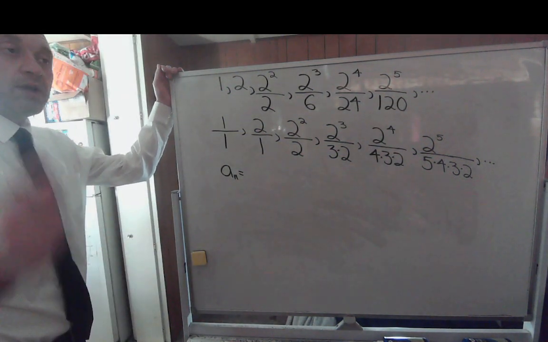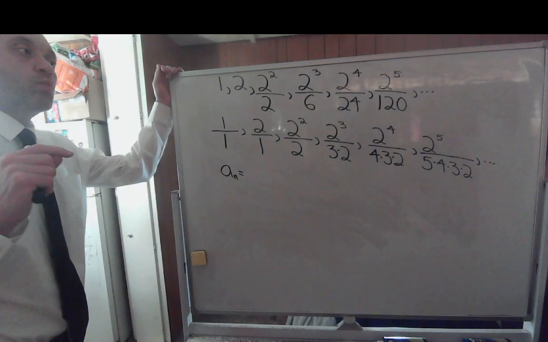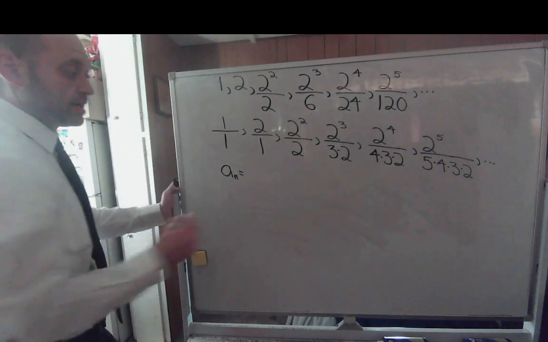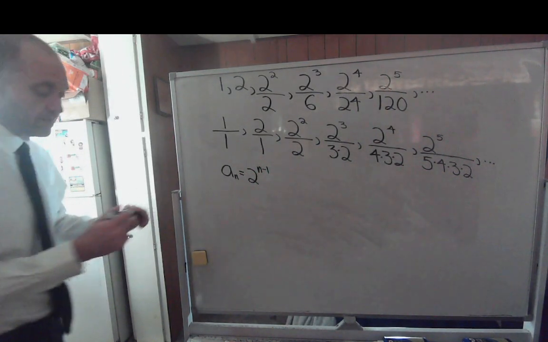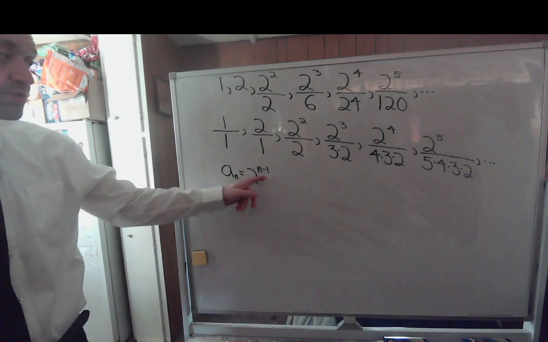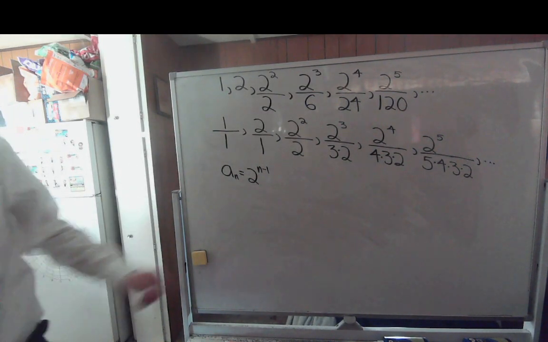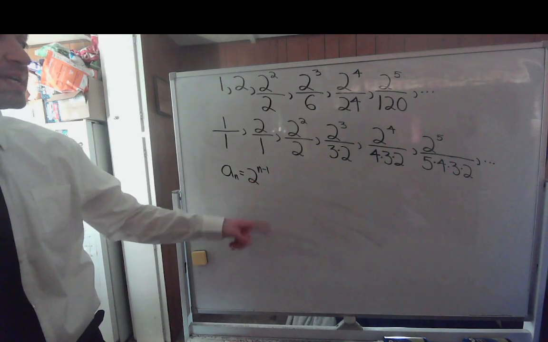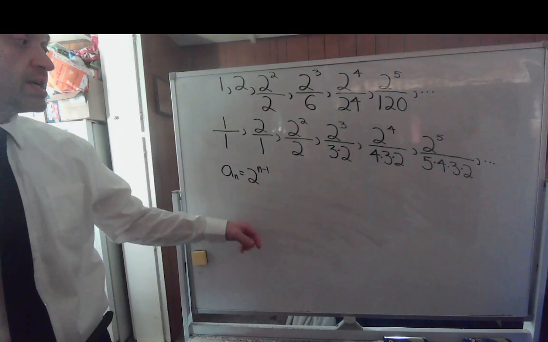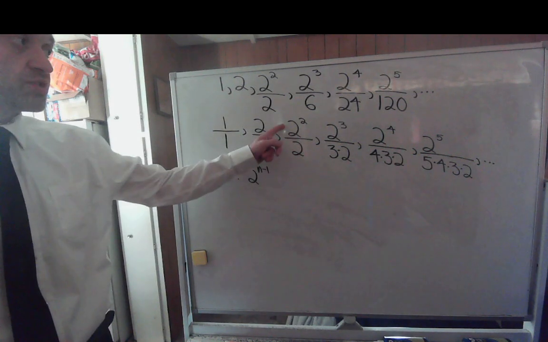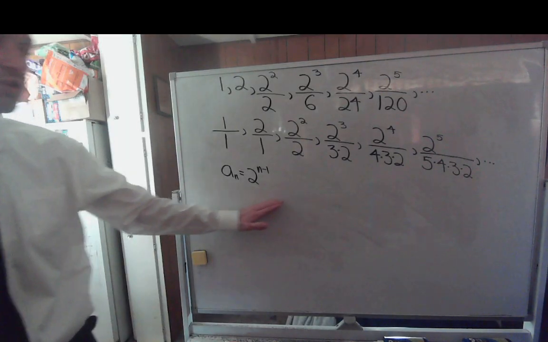Notice that the power of 2 is one number less than what your term is. That means your numerator should be 2 to the n minus 1, right? For the first term, 2 to the 1 minus 1 is 2 to the 0, which is 1. The second term, 2 to the 2 minus 1 is 2. 2 to the 3 minus 1 is 2 squared. 2 to the 4 minus 1 is 2 cubed, and so on. So this pattern holds for the numerator.